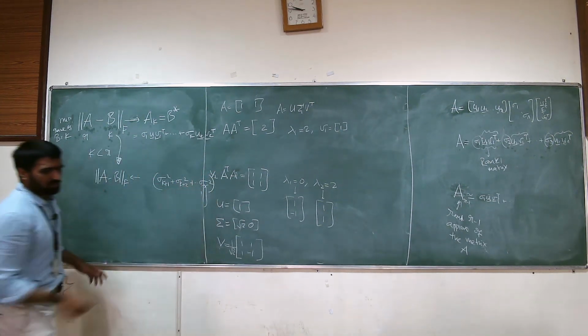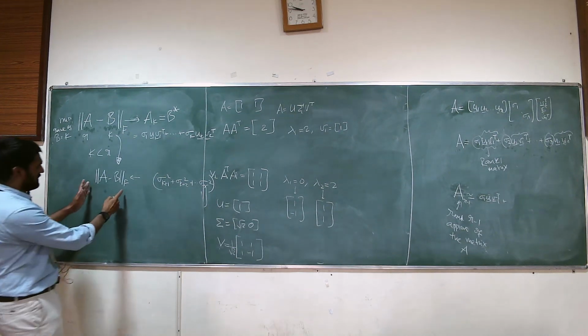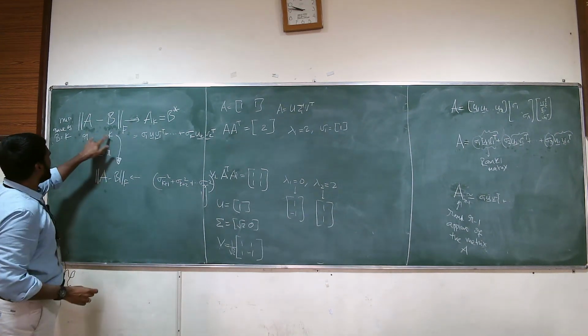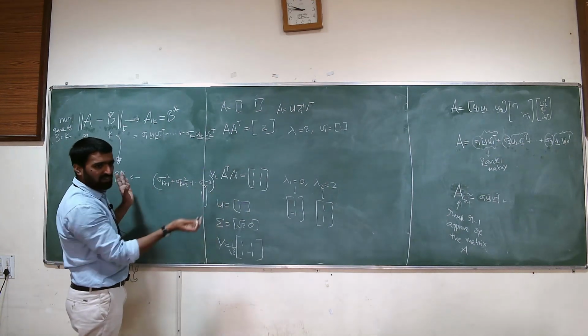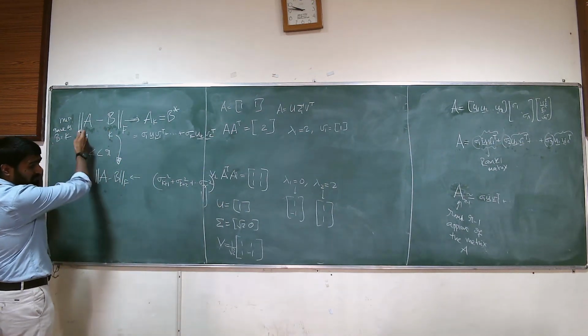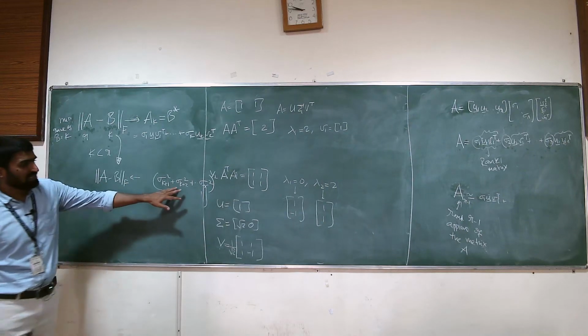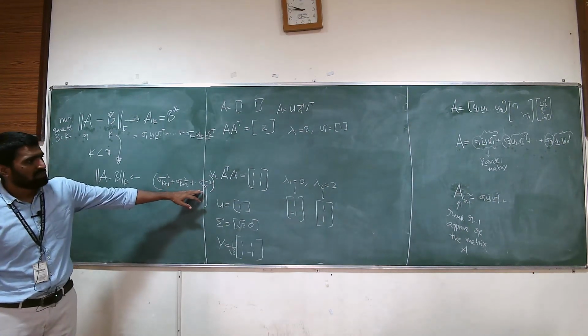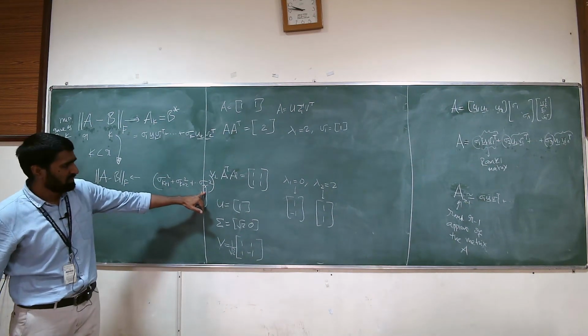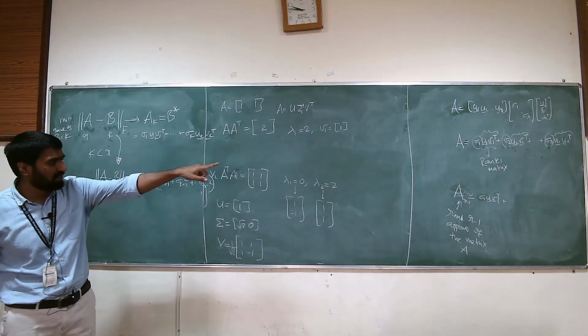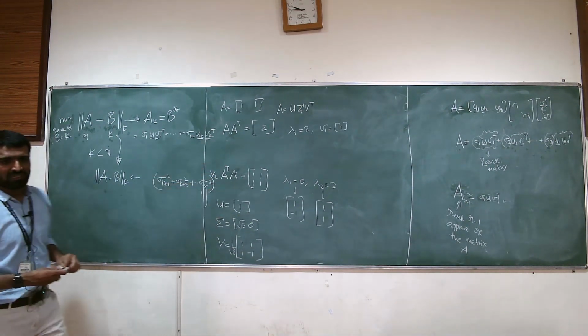This is in the notes, so you don't have to worry about this. By taking a rank k approximation of A, the error that you incur would be the sum of the squares of the remaining singular values, and then its square root.